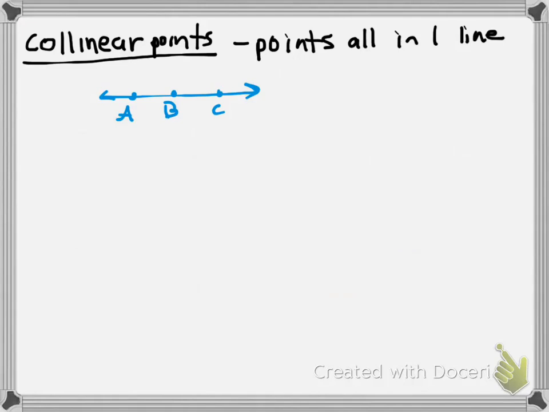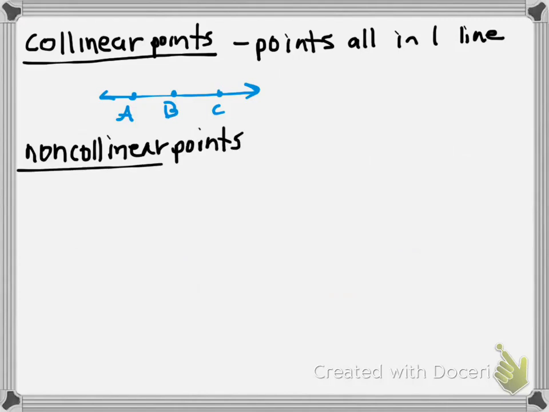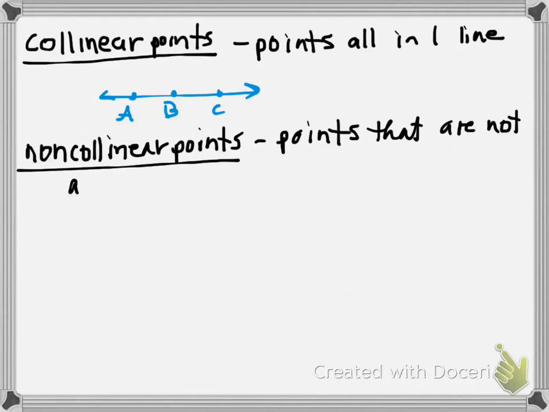And then the opposite of being collinear is to not be collinear, and we call that non-collinear points. And those are points that are not all contained in one line.